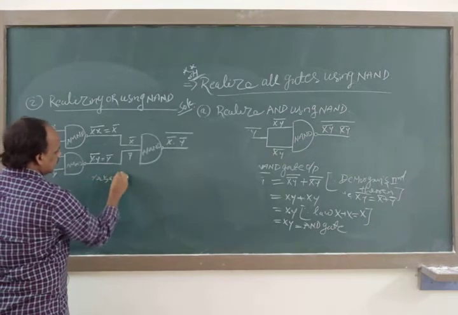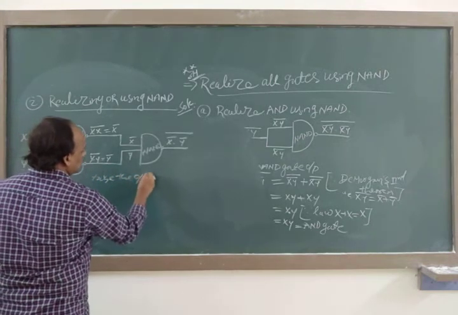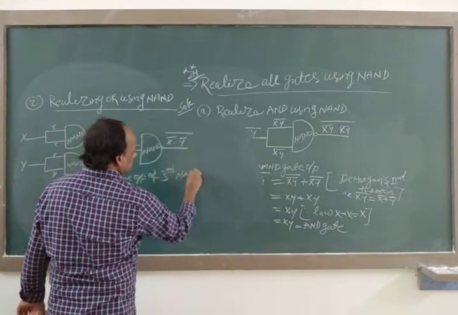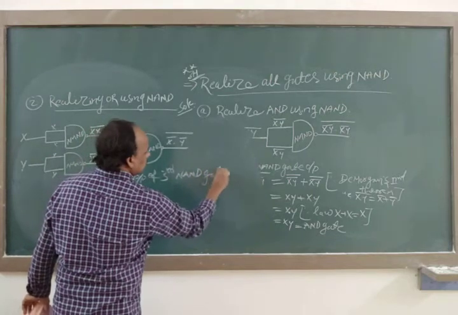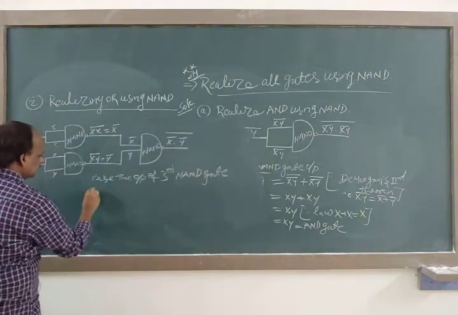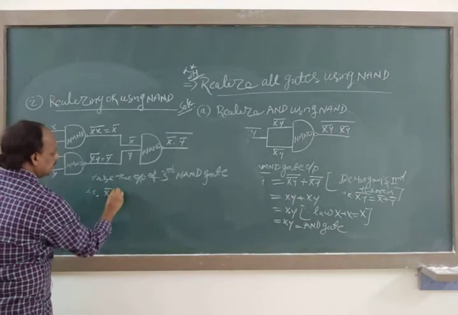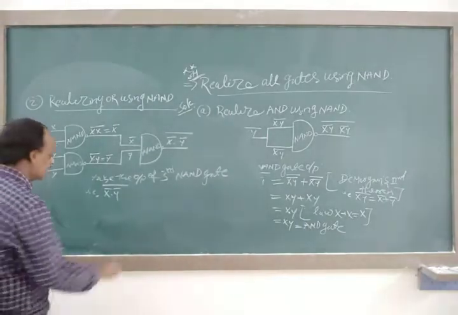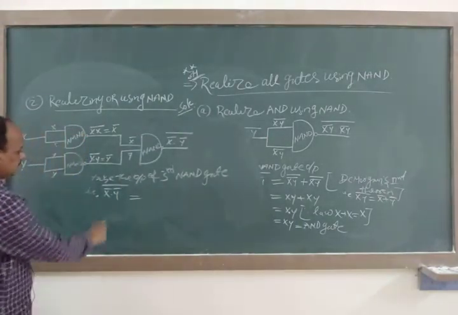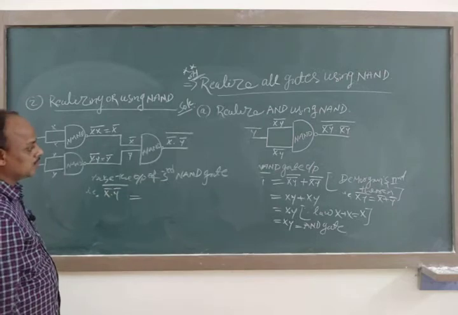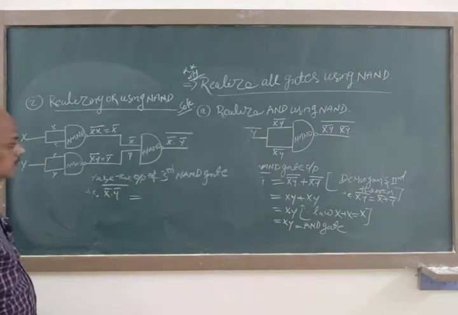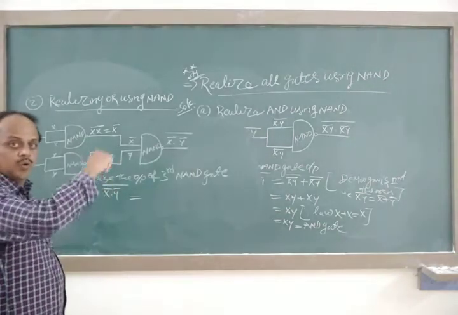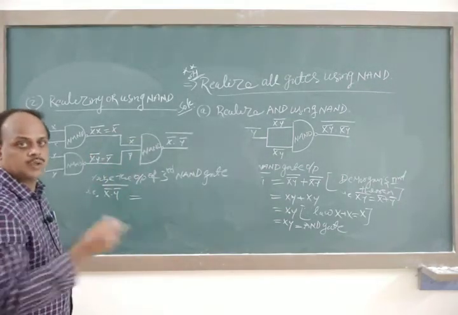The third NAND gate output is x bar into y bar whole bar. Now simplify it, we must get x plus y. It is there in which form? De Morgan's theorem, that is x into y whole bar can be written as x bar plus y bar.